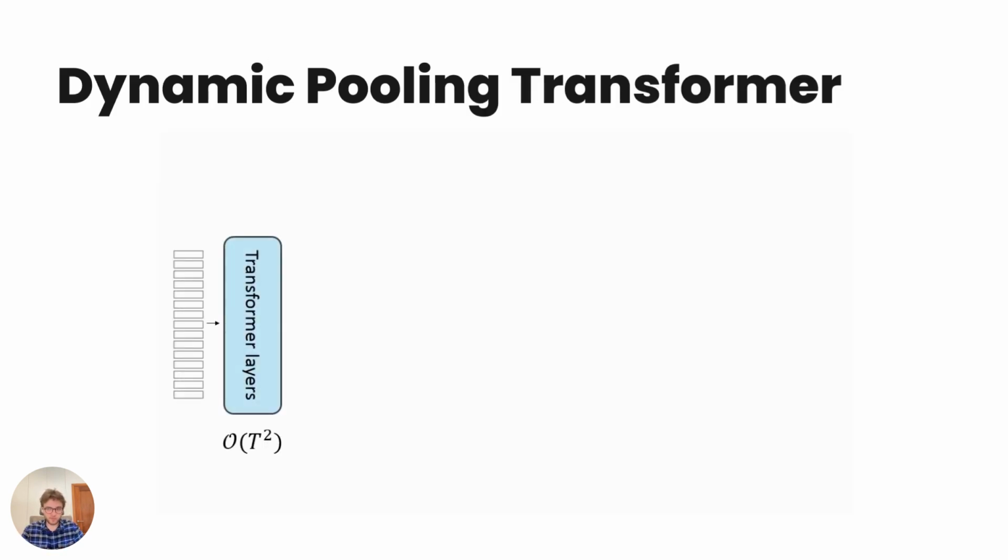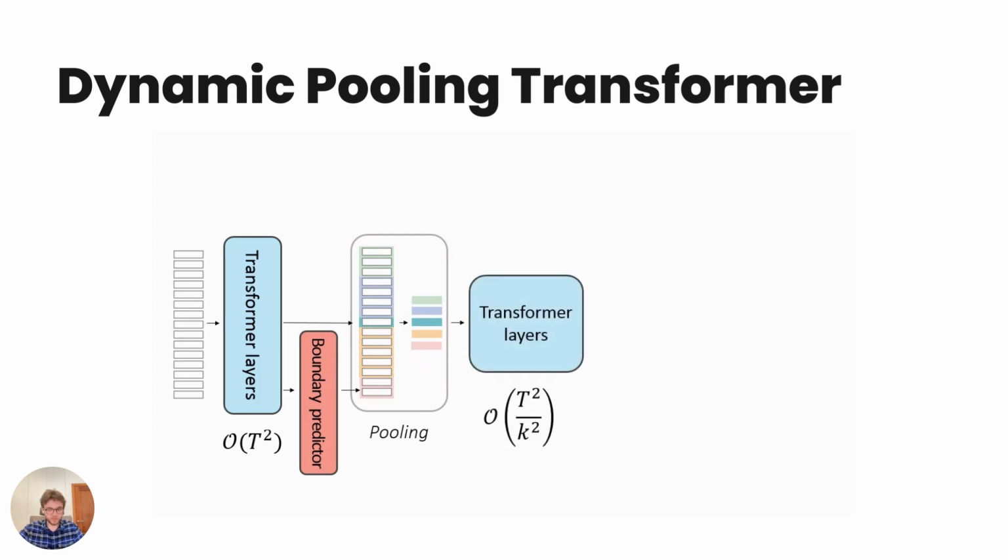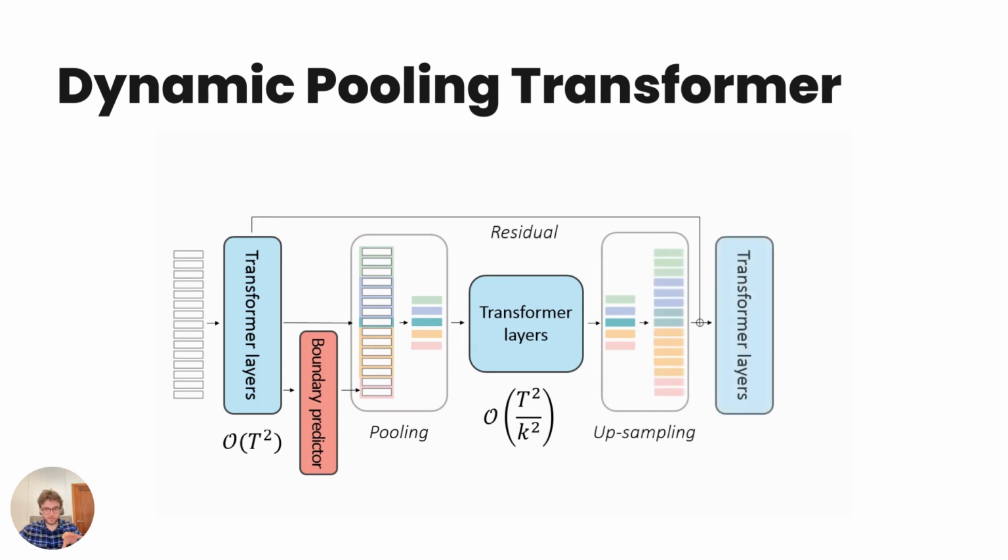In our model, which we simply call dynamic pooling transformer, we follow the Hourglass backbone with one shortening and one upsampling. Instead of pooling tokens into groups of fixed length, we introduce a lightweight boundary predictor which is conditioned on the hidden representations after the first block of transformer layers.